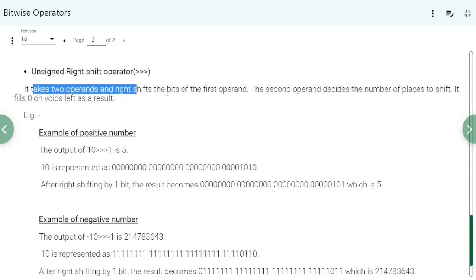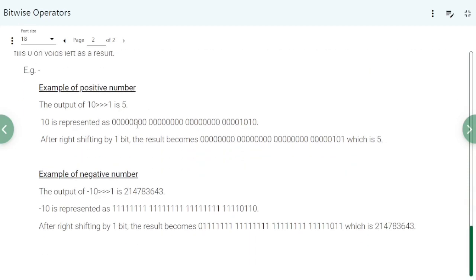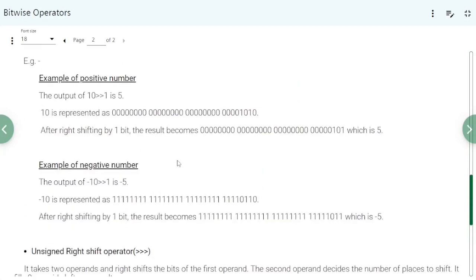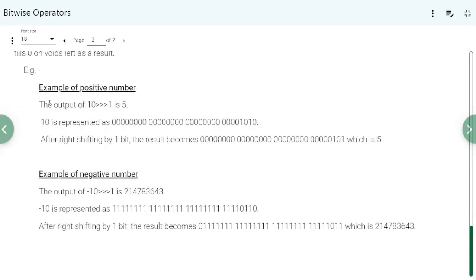So working is similar to the signed right shift operator, but where it is different, we will see with an example. So same example again, when you unsigned right shift this 10 by 1, you will be getting 5 as you are getting here, right? But then what is the difference?